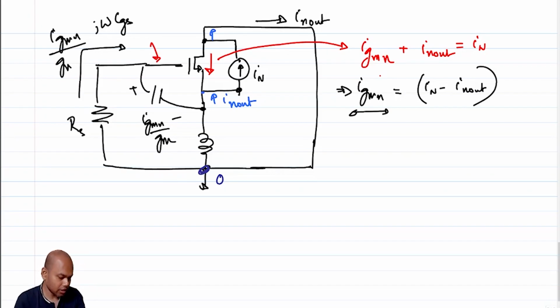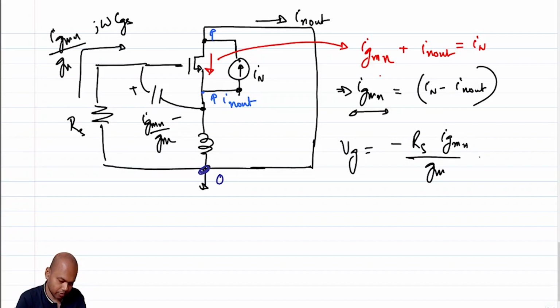That voltage is this current times RS, negative of that, right? So I know that VG is equal to minus RS times IGMN by GM times j omega CGS. Okay. So which means, what is this voltage? What is Vs?